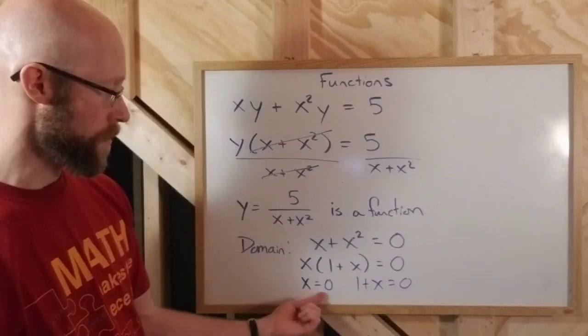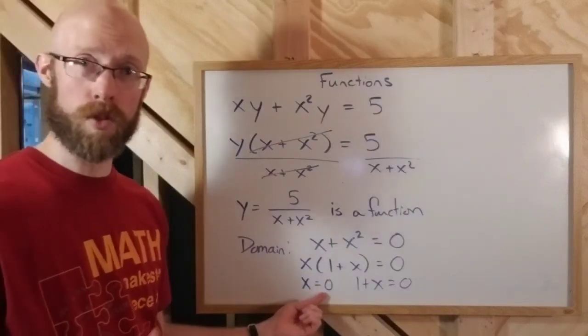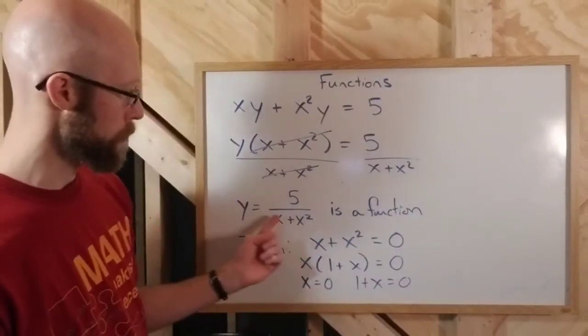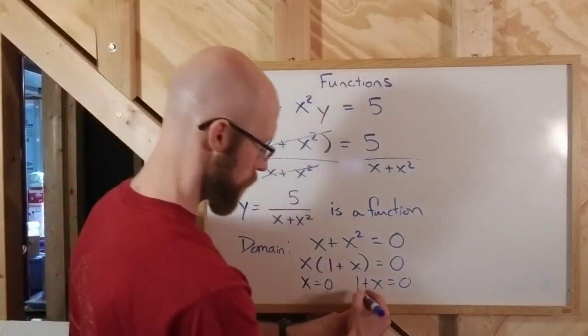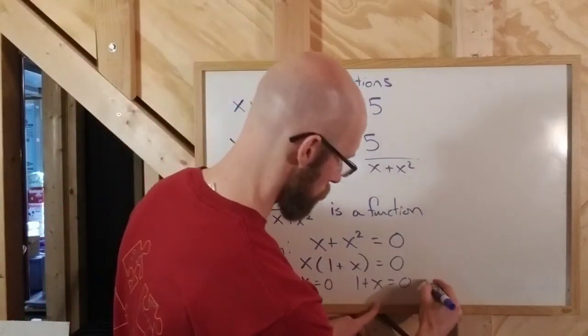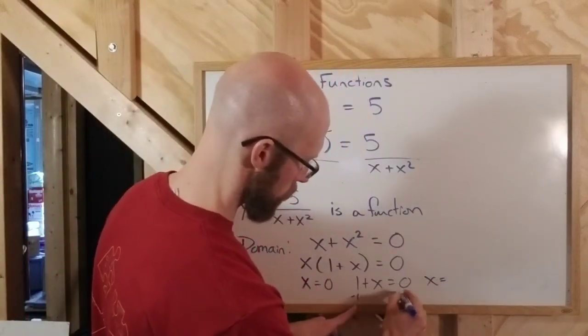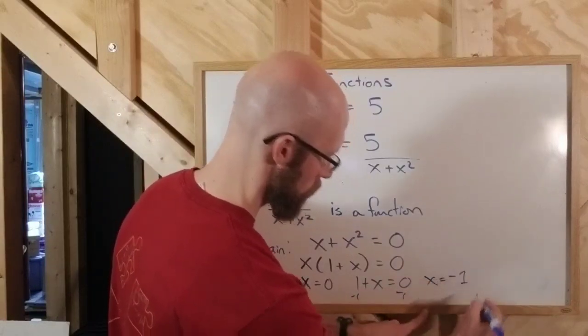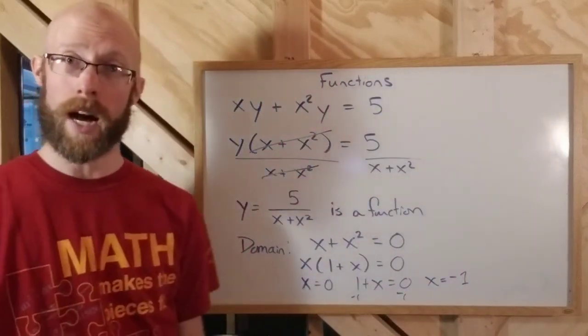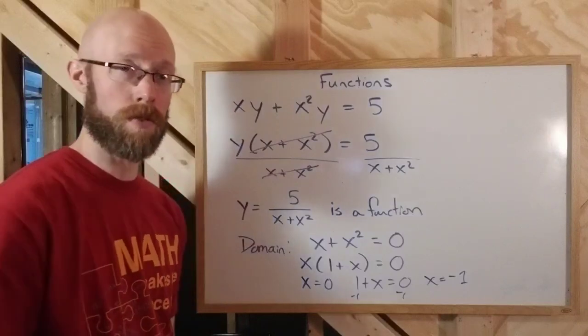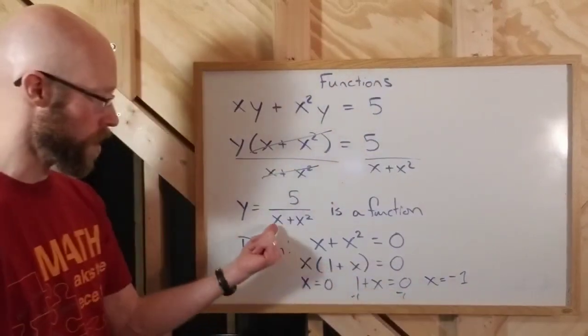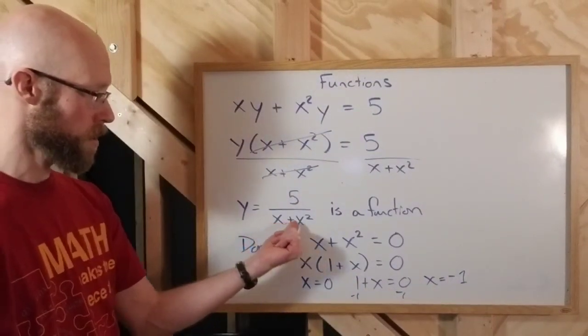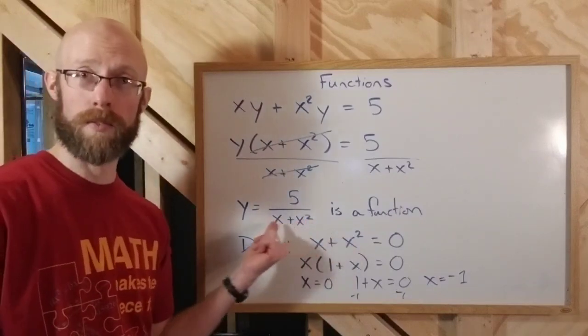This one's already solved, so 0 is one of the numbers you can't plug in, right? If I plug in a 0, the bottom is 0. And here, if I subtract the 1, you get x equals -1. That's the other one that's excluded from the domain. If you were to plug in -1, -1 squared is 1. -1 and 1 makes 0.